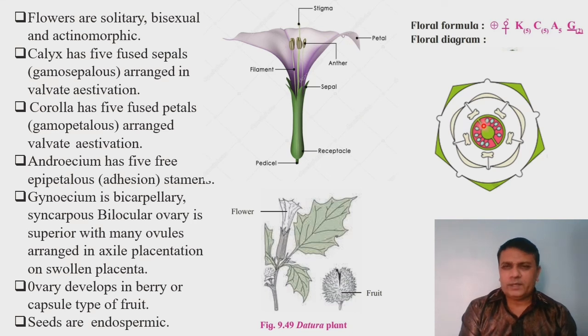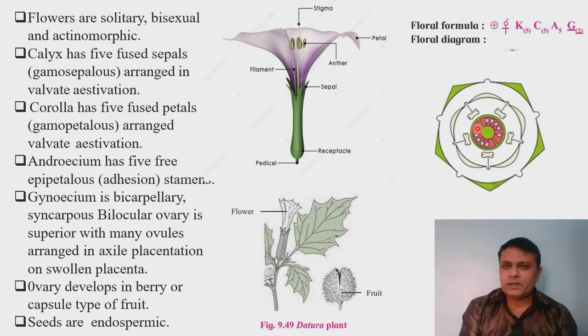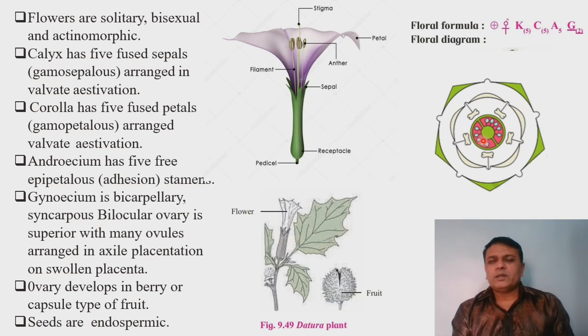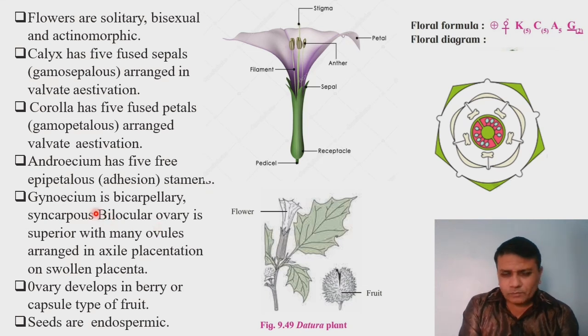These two carpels in the gynoecium show two locules. Here we can see one locule. Locule means the chamber of the ovary. Then another locule. So this ovary is called a bilocular ovary. Then the gynoecium is called bicarpellary as it shows the presence of two carpels.